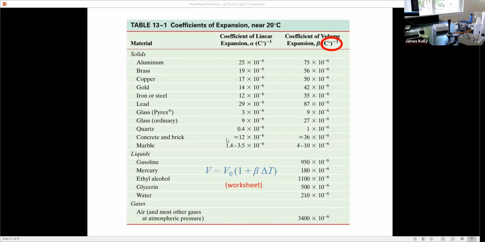So look up the coefficients for gasoline and steel on the backside. Calculate what the final volume of the gasoline would be and what the final volume of the tank would be, and see what the mismatch is there.